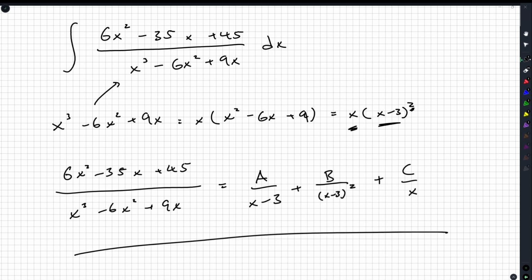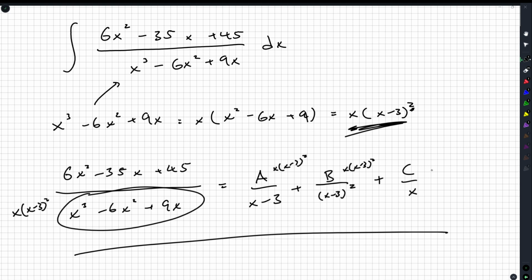So I find the easiest thing to do, and I pretty much always do this unless I spot some special trick, is I multiply both sides by the denominator over here, which we could, again, rewrite the way we have it. What that does is if I multiply everything here, some of the factors will cancel out with some of the factors that the denominator has. So these x's will cancel out, these x minus 3s will cancel out, and one of these x minus 3s cancels out here.